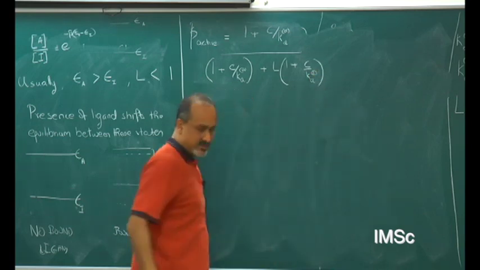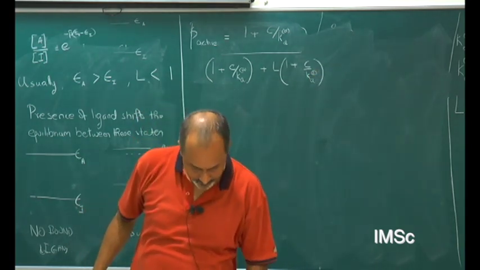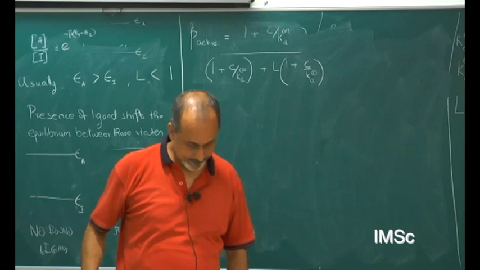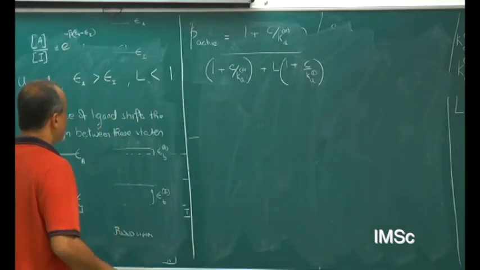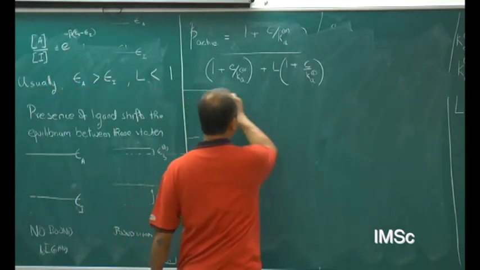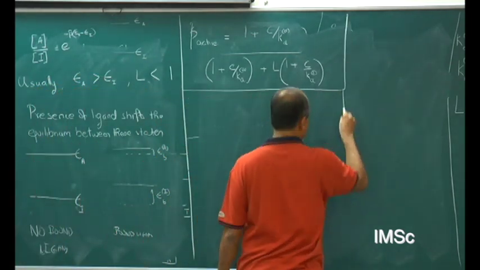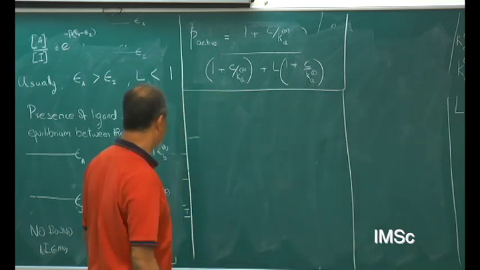I think that's right. Did I get that right? Yeah. So this is the probability that the system is in its active state.